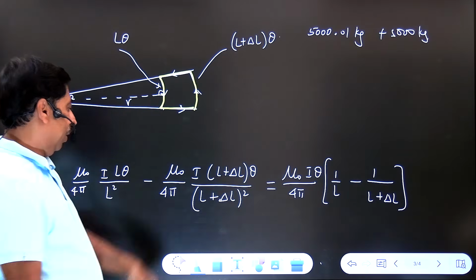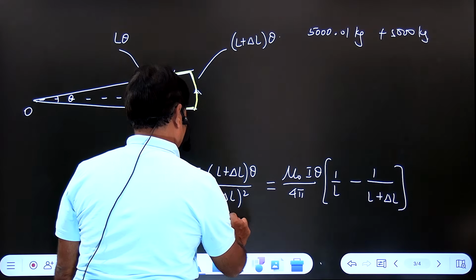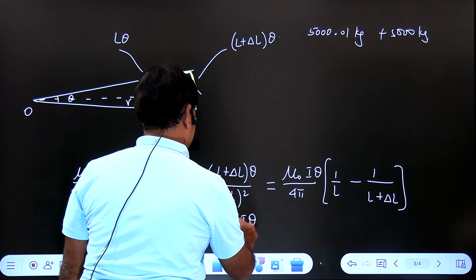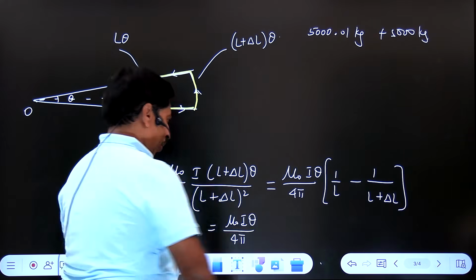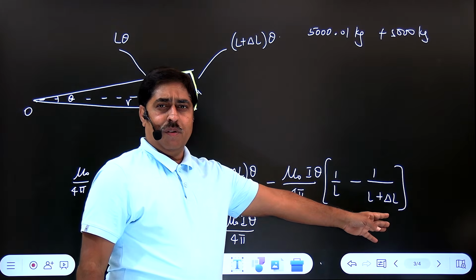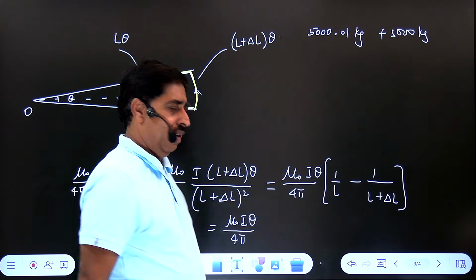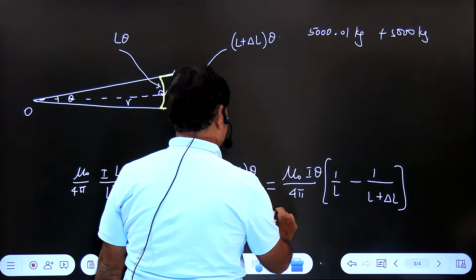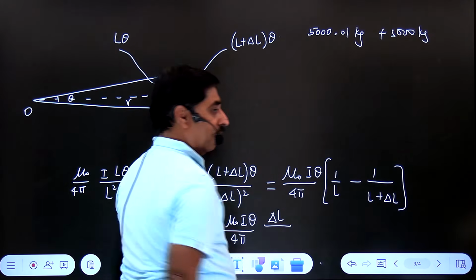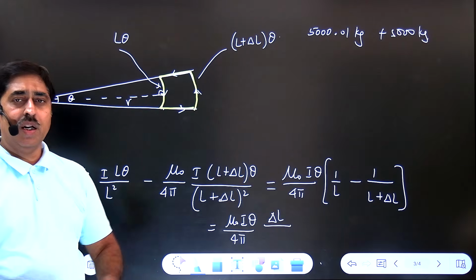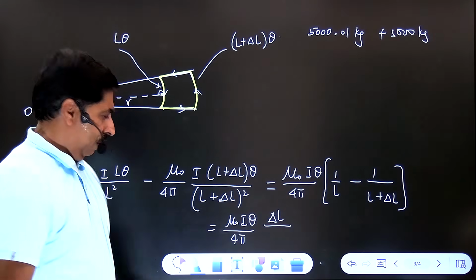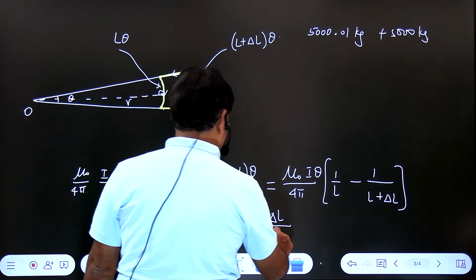So now this can be further written as mu naught I theta by 4 pi. You take LCM. In the numerator you will get delta L, and in the denominator you will get L into L plus delta L. Now L into L plus delta L, it's fairly all right to write it as L square.